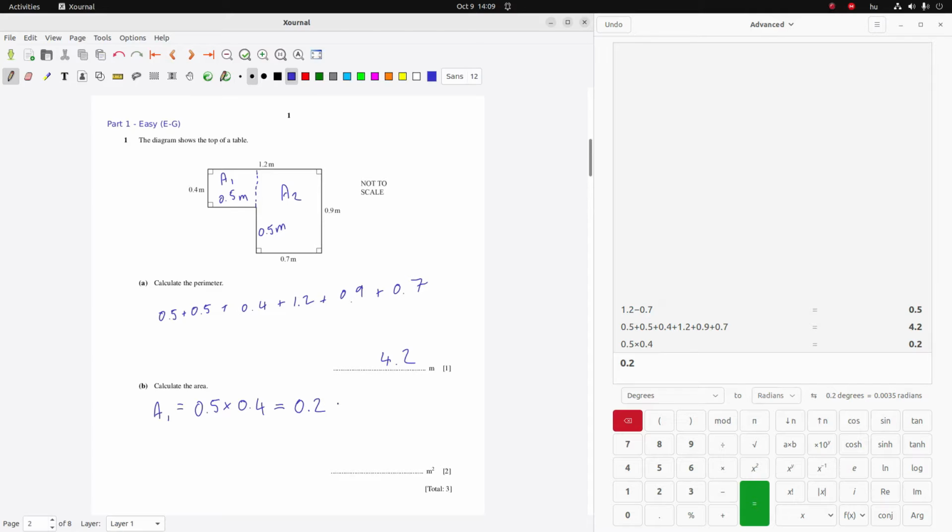Let's be concise and add meters squared over there. And area 2 is equal to 0.7 multiplied by 0.9, which is 0.63 meters squared.